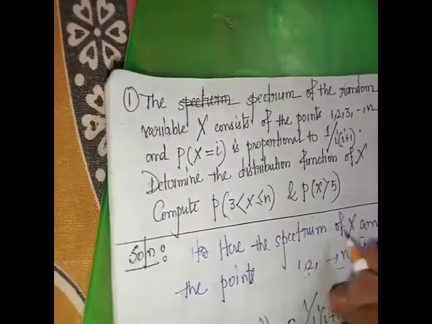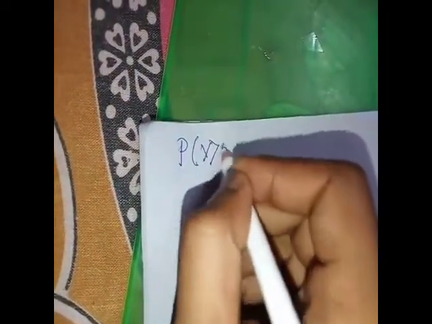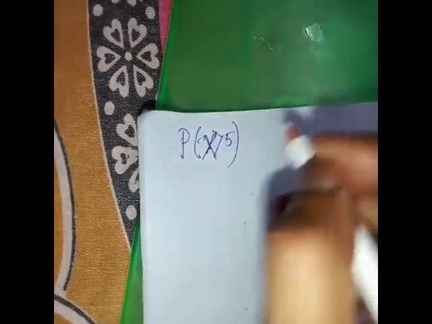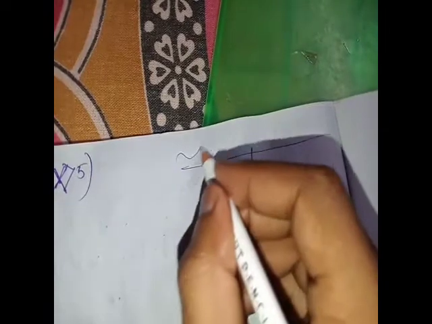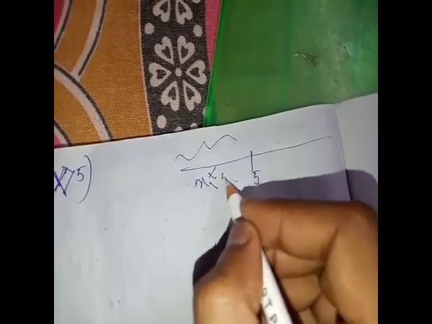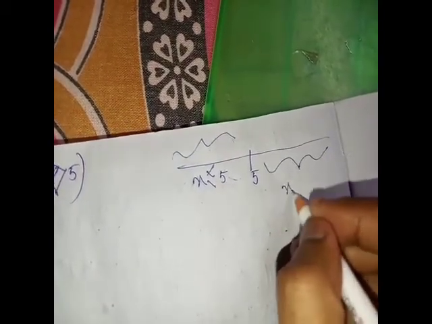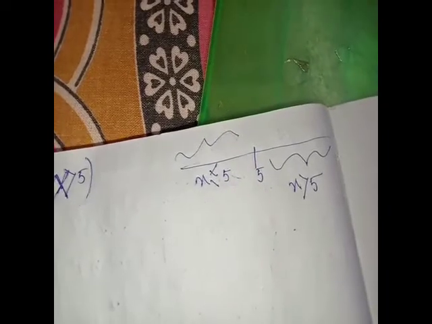Next part. Next we compute the probability of X greater than 5. Now we draw a figure. This is 5. This is X ≤ 5, and this is X > 5.